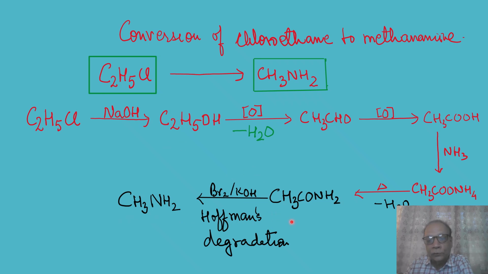So a long process, but a very good question to answer. And why these conversions are important? They are important because we can learn the integration of many reactions in one question. And it takes us through a different homologous series.